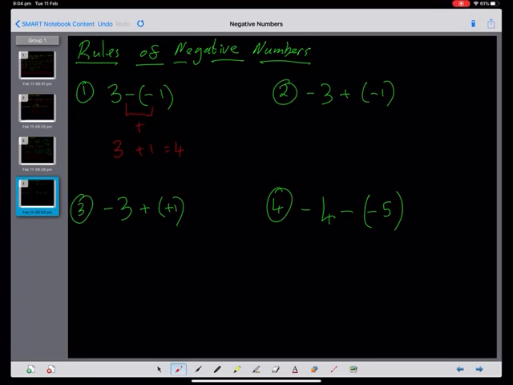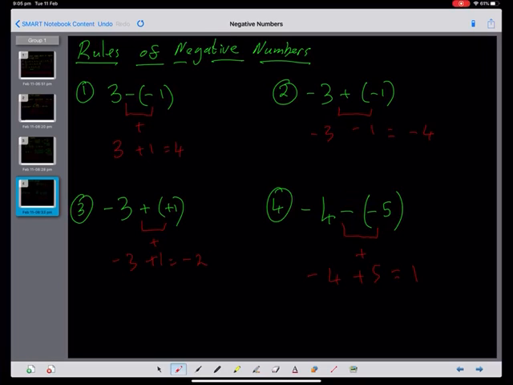So we can rewrite this as a negative, which gives -4. We've got 2 positives, and we know that a positive multiplied by a positive is a positive. So this gives -2. We can rewrite this as a positive. So we get -4 plus 5 gives 1.